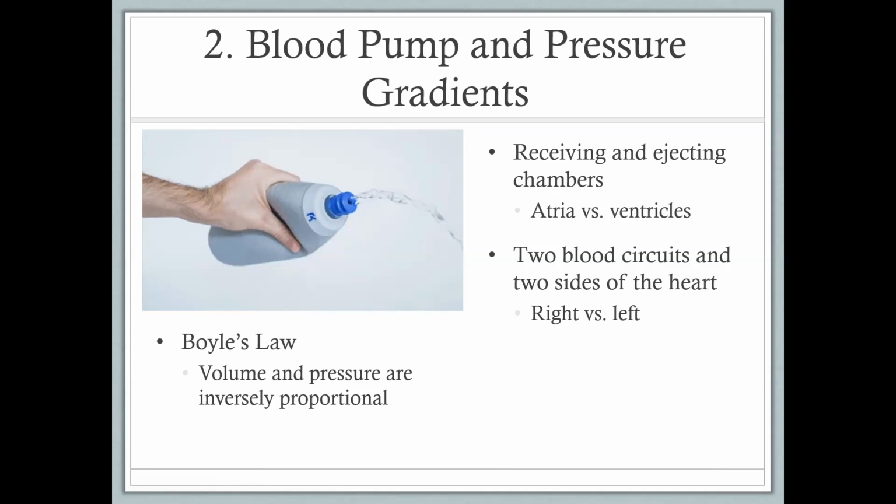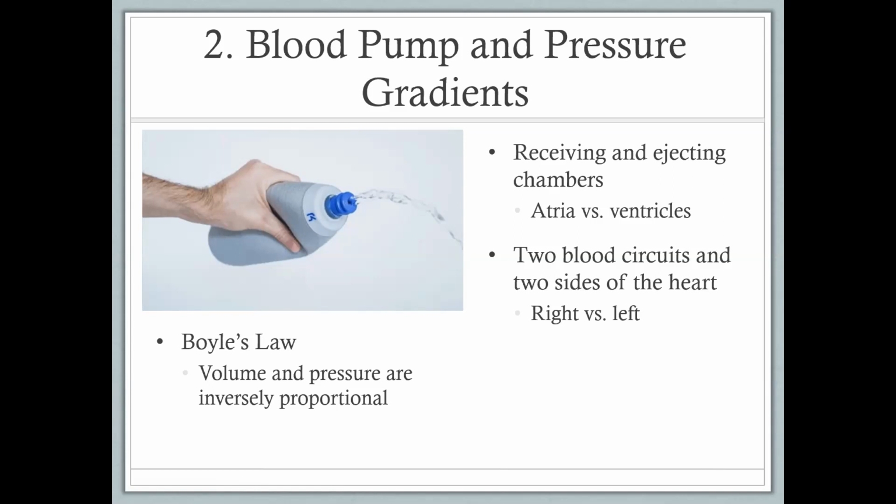Thus, it creates a pressure gradient and water shoots out from the area of higher pressure inside the water bottle to outside the water bottle. This is called Boyle's law. Boyle's law states that volume and pressure are inversely proportional. So as I said with the water bottle, when you decrease volume by squeezing the water bottle, you increase pressure inside the water bottle. Thus the water shoots out.